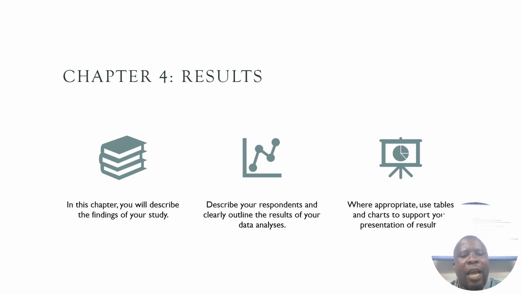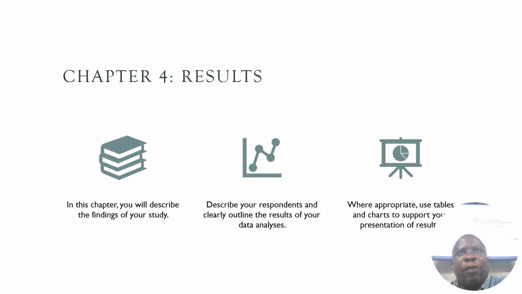Chapter 4, the results. Here in this chapter, you are describing the findings of your study. It's very important for you to give us the demography of your respondents and outline the results of the data analysis. Tell us what you see and interpret to us what they mean. And wherever applicable, use tables, charts and graphs to support your results.